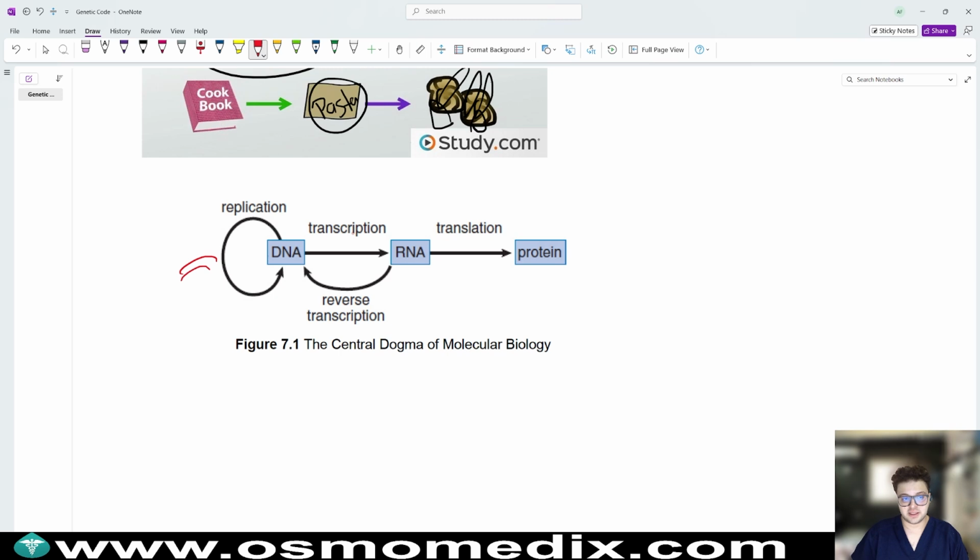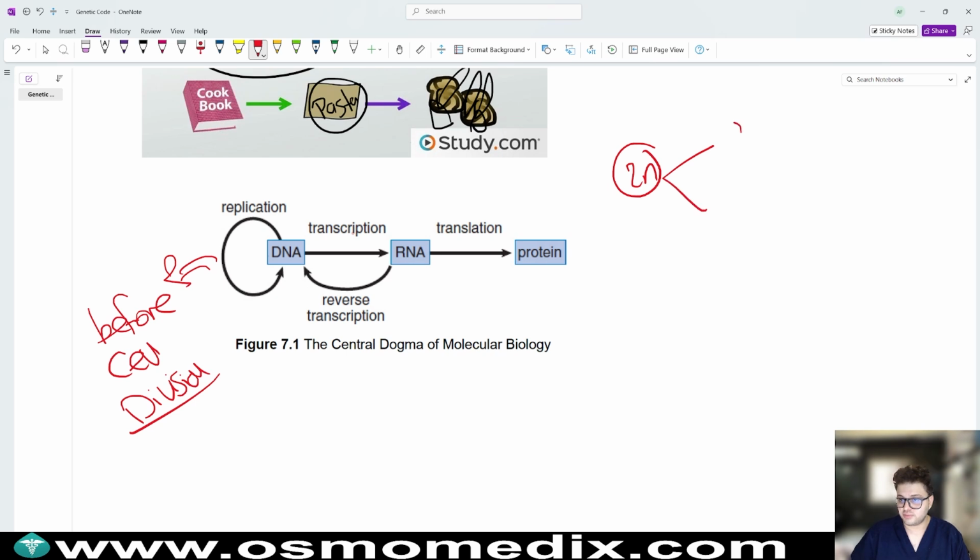The replication of the DNA happens before cell division. Why? Because we have to preserve the number. For example, if this cell wants to make a copy, we call the complete set 2n, to make a 2n cell, which is called mitosis, you have to go through DNA replication.